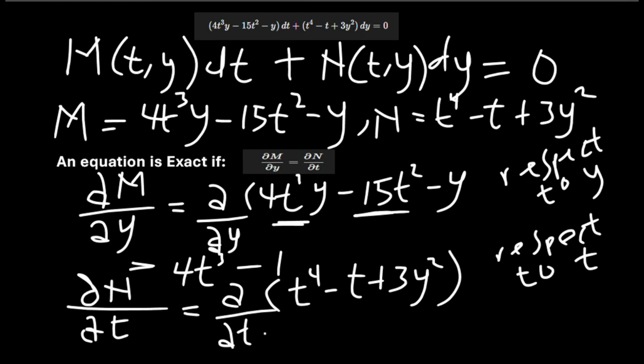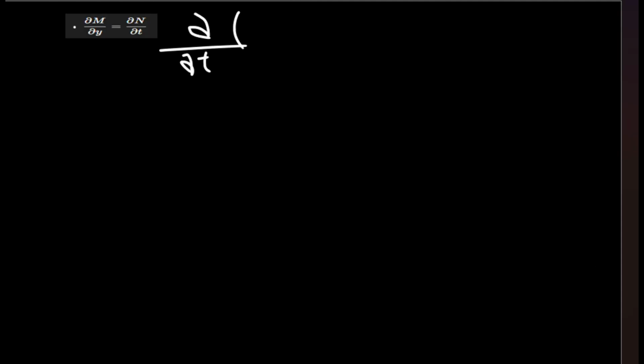Let's write this in here. We have del over del t of our N term, which was t to the power 4 minus t plus 3y squared.